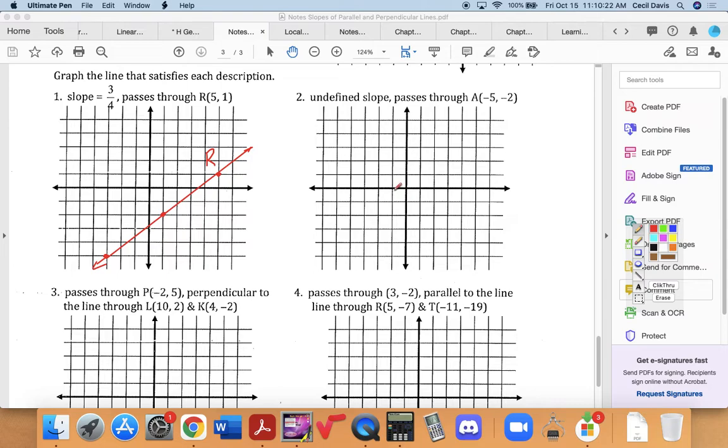Got to find a point. -5, -2. If you're going to go someplace, it's important to know where you are before you start going a direction, right? So that's point A, and it has an undefined slope. Vertical. It'll be a vertical line.